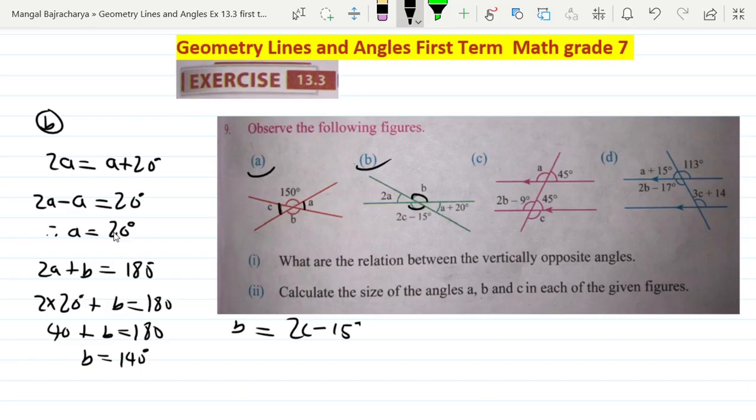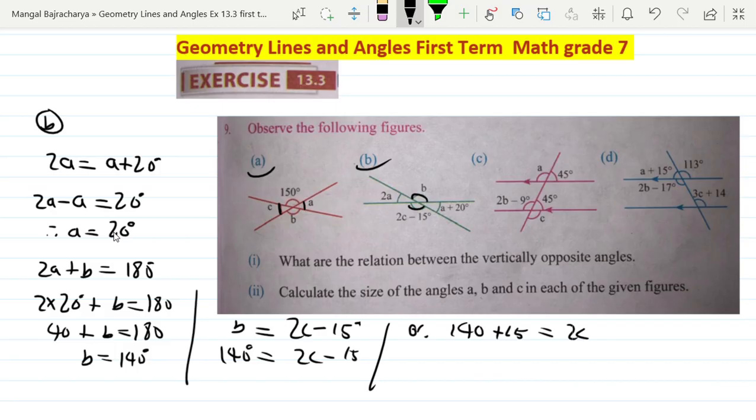And now b we have found here is 140 degrees. So in place of b we keep 140 degrees, equal to 2c minus 15. Now this 15 I bring to the left side. So 140 is here already, and plus 15 degrees, equal to twice c. When you add, we get 155 degrees equal to 2c.